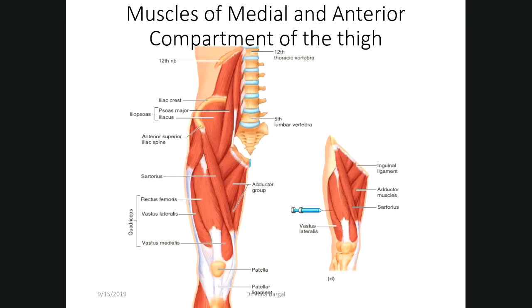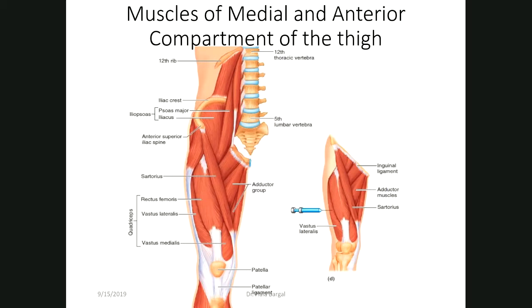The muscles of the medial compartment of the thigh, we call the adductor group. It is formed of gracilis, okay, then adductor longus, adductor magnus, and adductor brevis. We call it the adductor group.